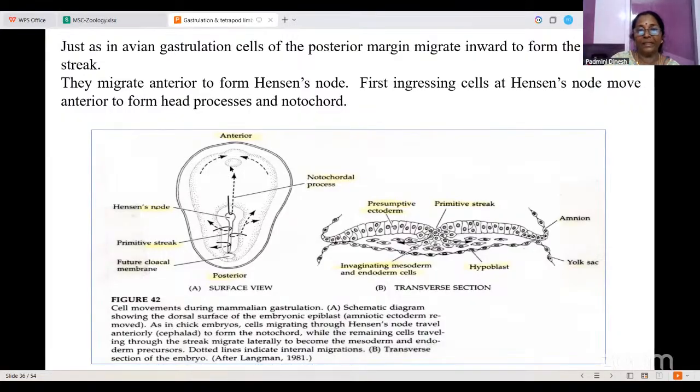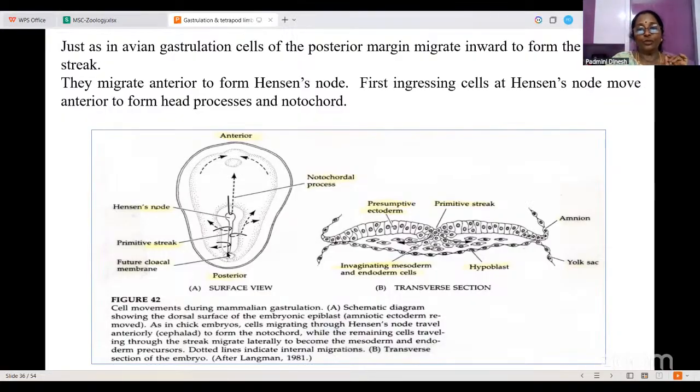Once they reach there, the notochordal process stops. That's a signal for them to stop. No more development. The notochord stops developing up to that place, and this place is called the procordal region.